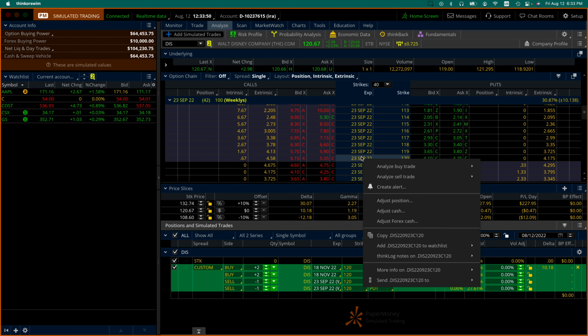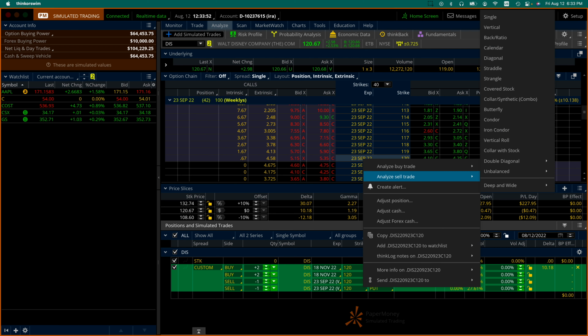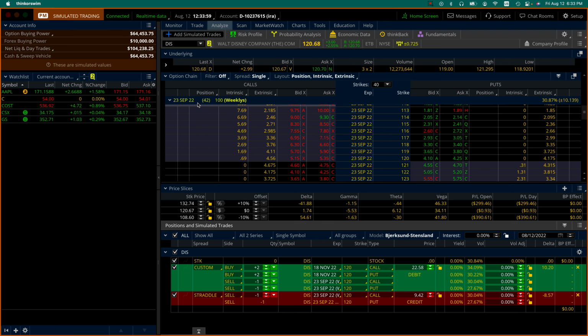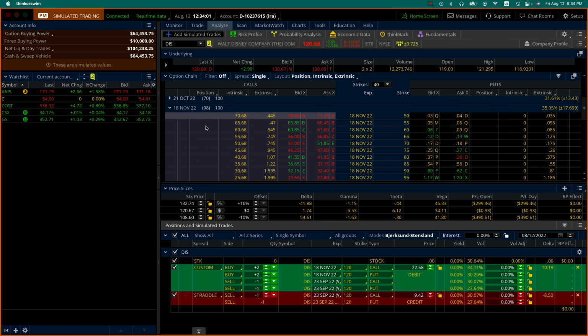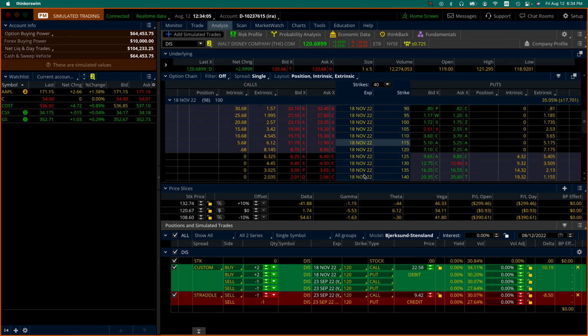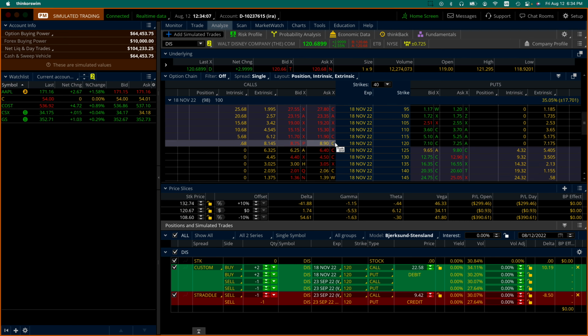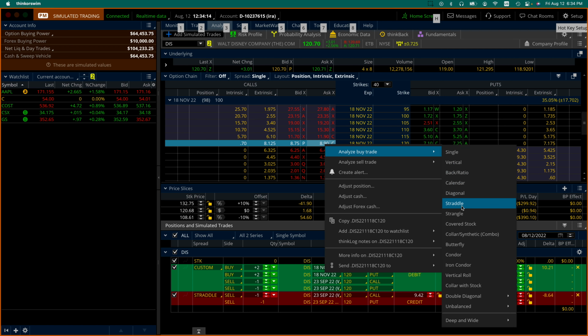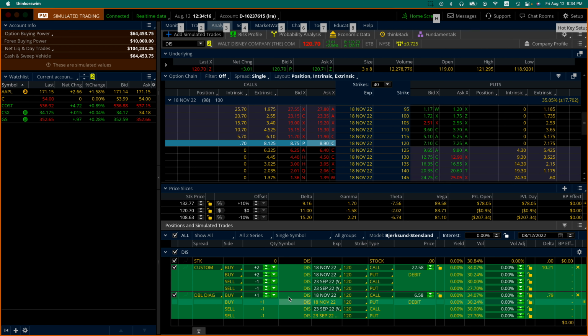Then you say analyze sell straddle, and that creates the short portion. Now we're going to go to November. It needs to be the same strike price, 120. Press the control key, it's important, and then say analyze buy straddle, and look at that, it created a one.